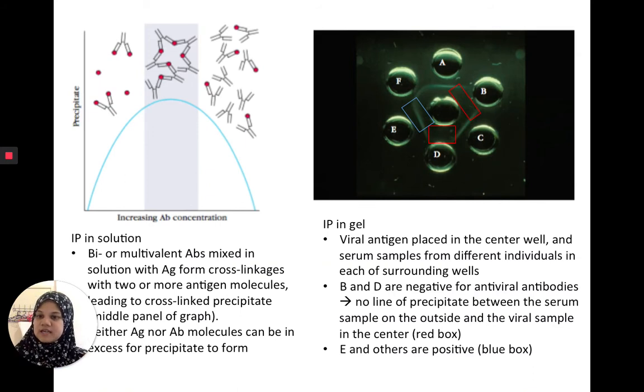But it's a bit tricky to figure out the concentration of the antibody and the antigen in each of these solutions. So sometimes you wouldn't get the right amount, and you wouldn't get a line precipitating.